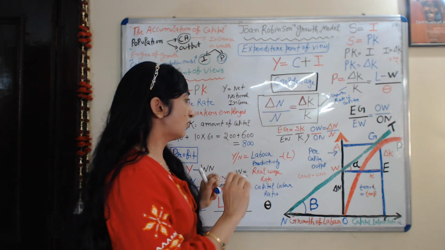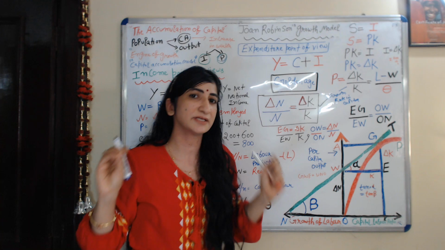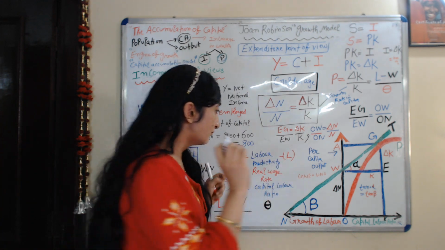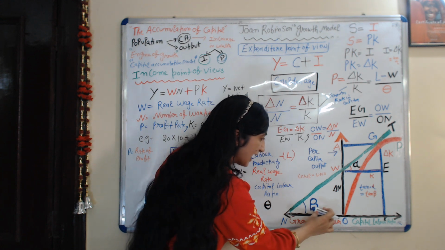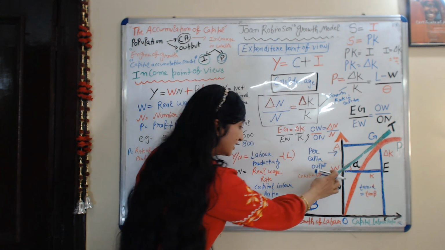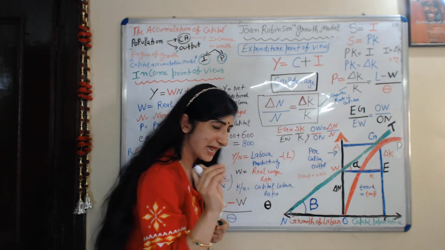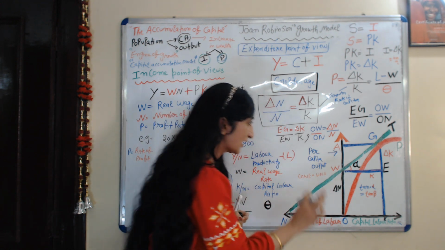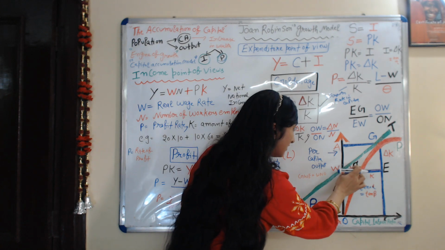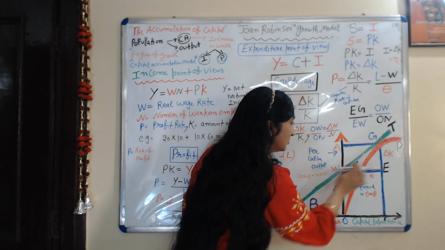Now how can we prove this? Please listen carefully. We have tan beta in triangle WNO, and we have tan alpha in triangle GWE.